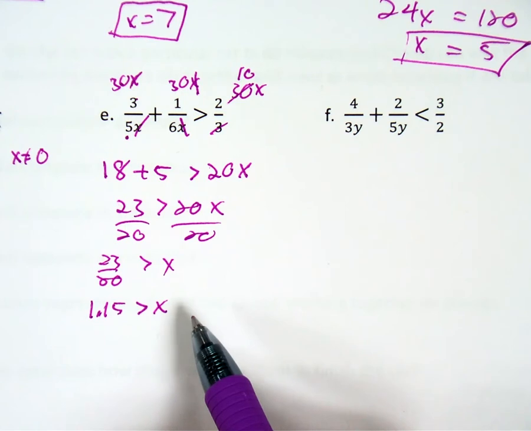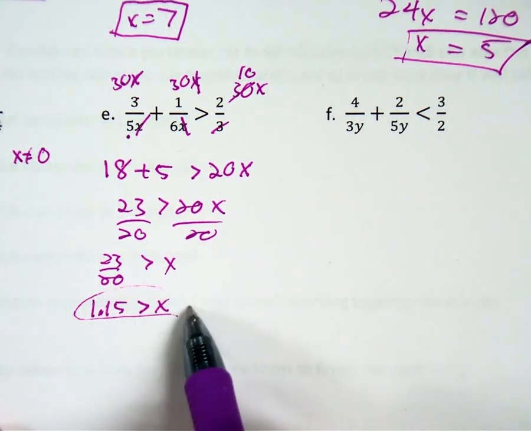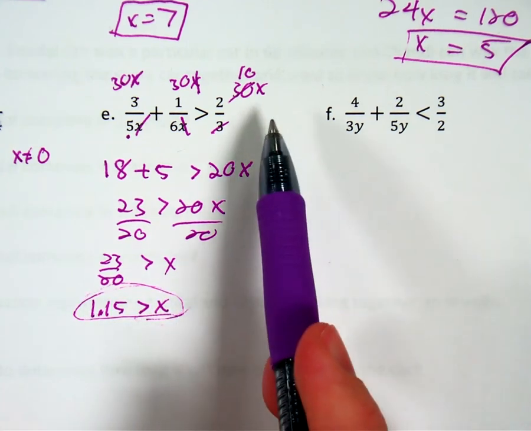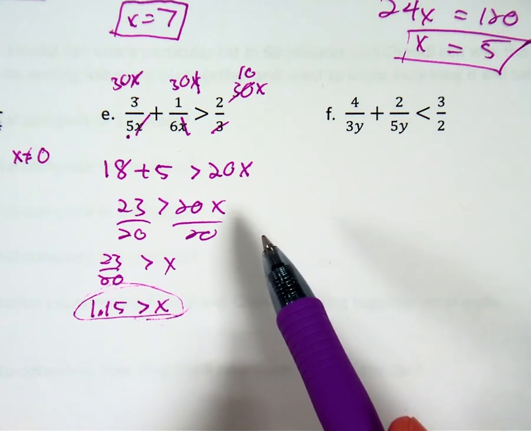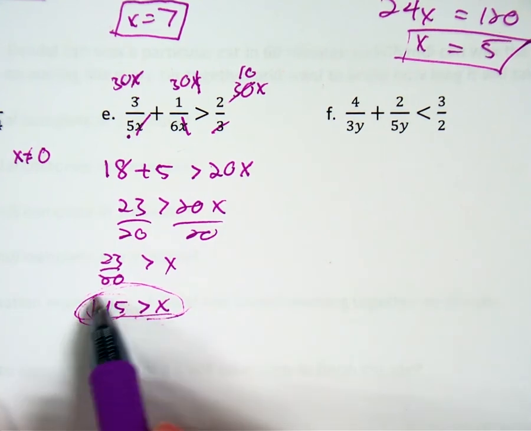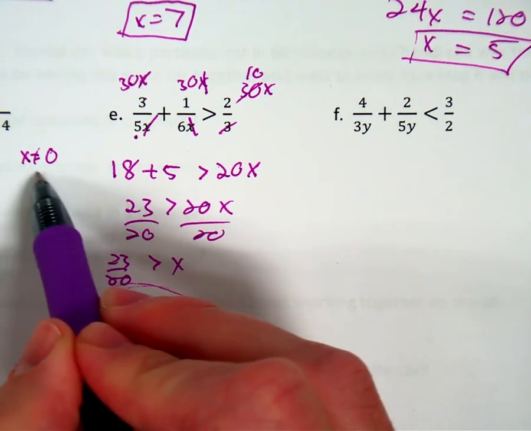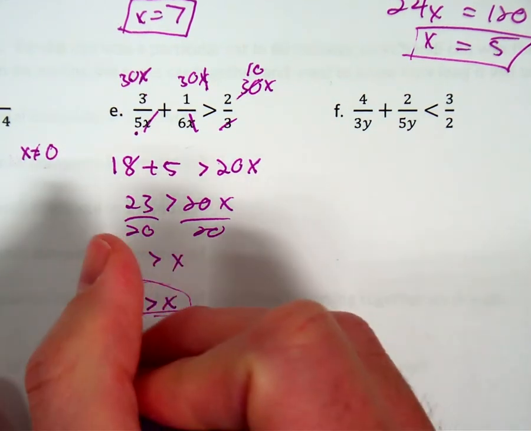So the temptation is to just call it this. But the funny part with inequalities in fractions that have x on the bottom is that it doesn't necessarily always work out that way. So this is a special number, 1.15, and this x can't equal 0 is a special number, and we're going to come back to those.